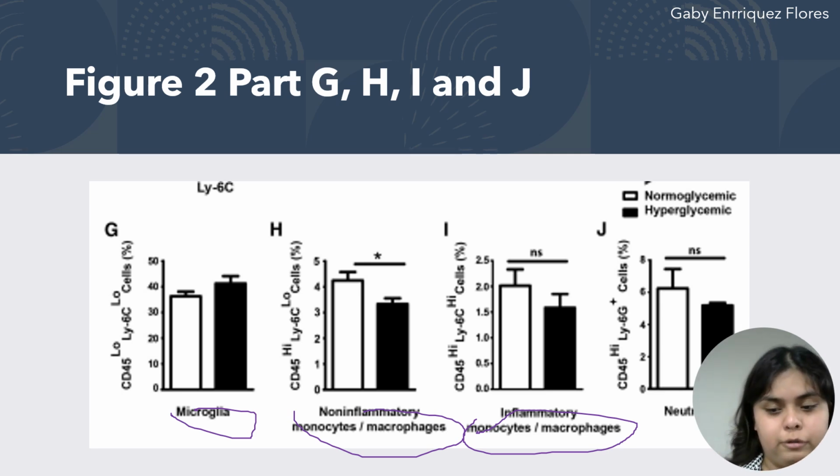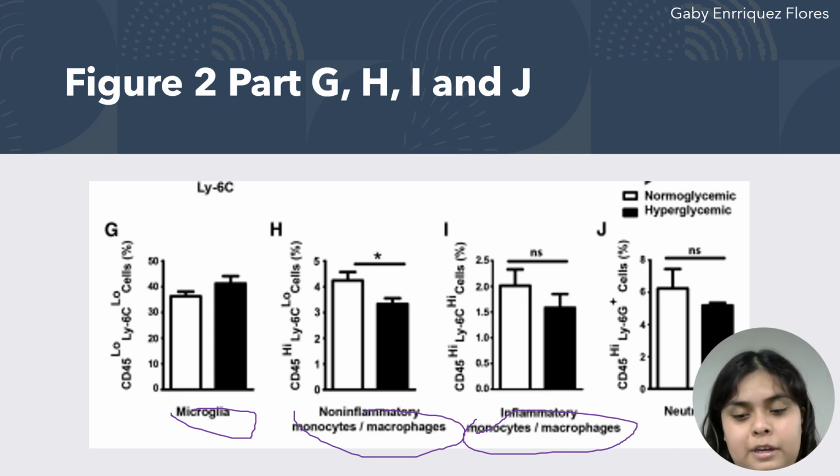Just to briefly talk about each one. Microglia are basically immune cells. Non-inflammatory monocytes and macrophages are first line defense. Inflammatory monocytes and macrophages cause inflammation and are not for first line defense. And neutrophils are basically white blood cells.